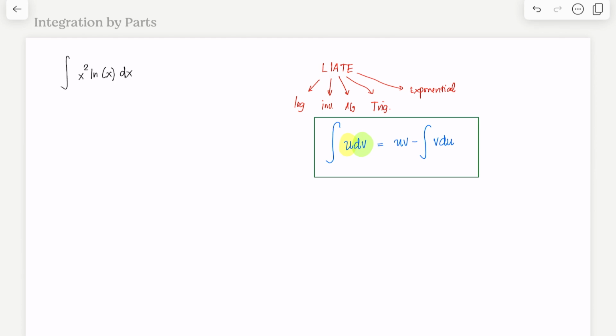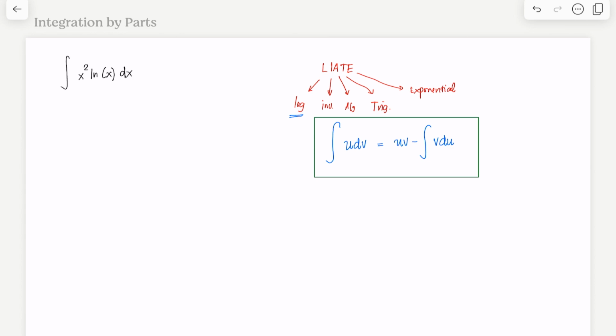Now in this case, I'm just going to reiterate. You express your integral in terms of the integral of u dv, and then that is just equivalent to uv minus the integral of v du. Now we're going to apply what we mentioned. Notice that in our integral, in the order of the setting of u, the first priority is logarithm, and we notice that there is a logarithm, in this case the natural logarithm or the ln of x.